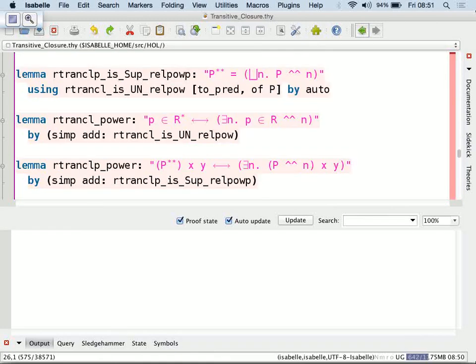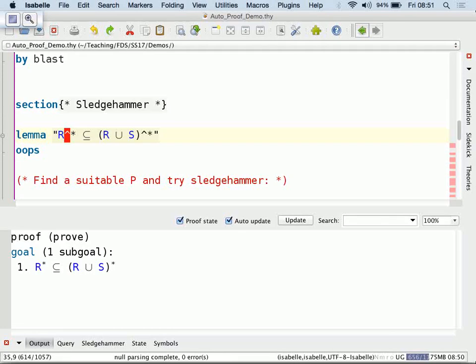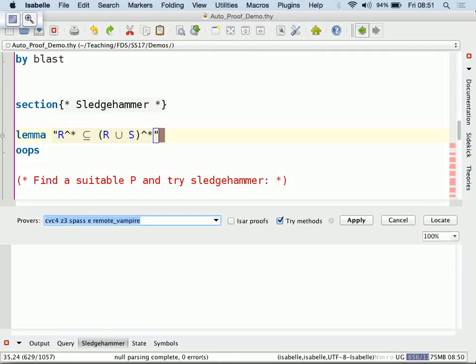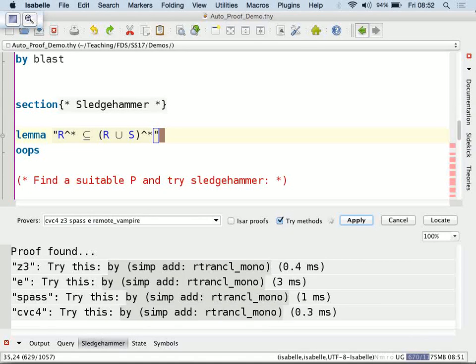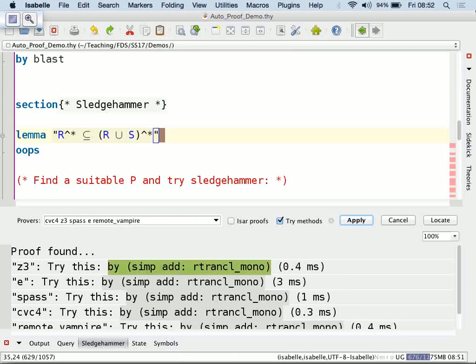You'd have to search through it, maybe using the search facility, but still this could take you something like 5 minutes to find the right lemmas. So why don't we ask Sledgehammer? You click down there on the Sledgehammer panel, and then you can click on apply, and very quickly, this is unusual because it's so simple, it'll find a proof.